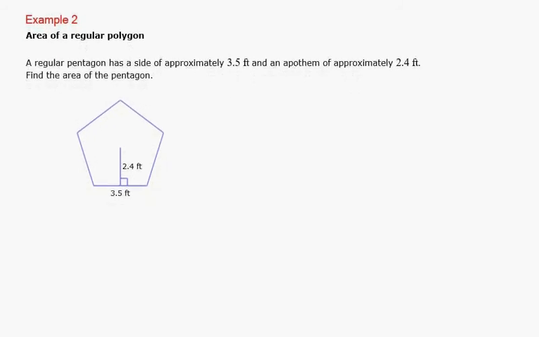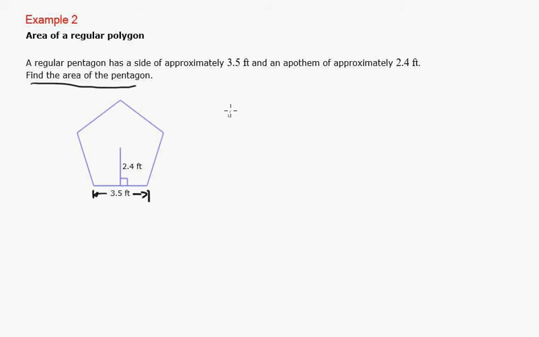Okay, let's look at a slight twist. They want us to find the area again. What's the area? Now I see that it's a 1, 2, 3, 4, 5 sided polygon, but this time they're only giving us the measure of one side.